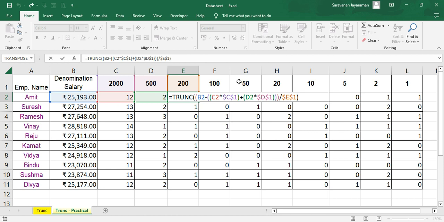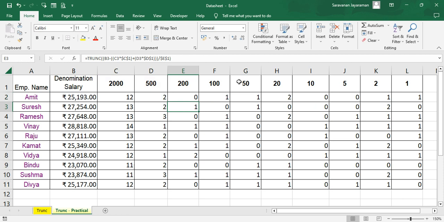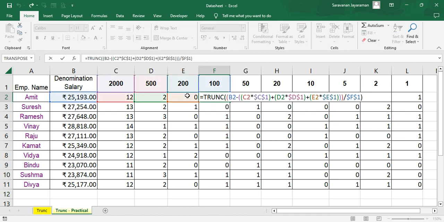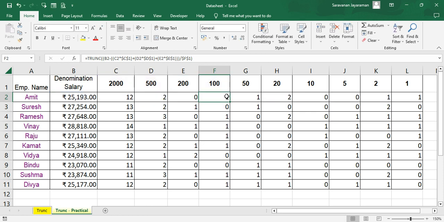Whatever is left, it divides by this one. Because 193 is less than 200, you cannot give any 200, so it will move on to the next. Here again it will subtract.